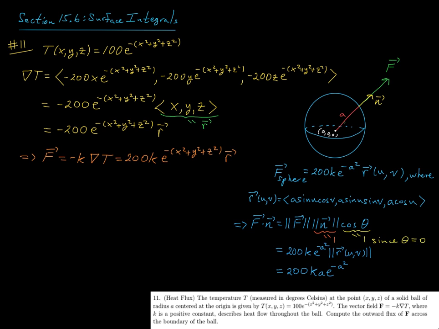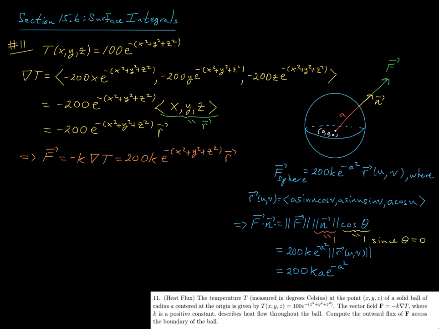The key insight here, just like we saw in part A of the last video, is that the vector field F is parallel to the outward pointing normal vector n. Okay, so n is this unit vector normal to the sphere, and F is parallel to it. So if I take their dot product, the magnitude of n is 1 and the cosine is also 1, because the angle formed by these two vectors is 0.